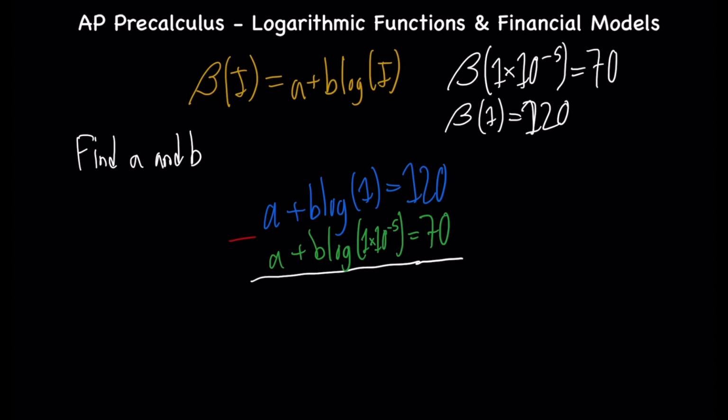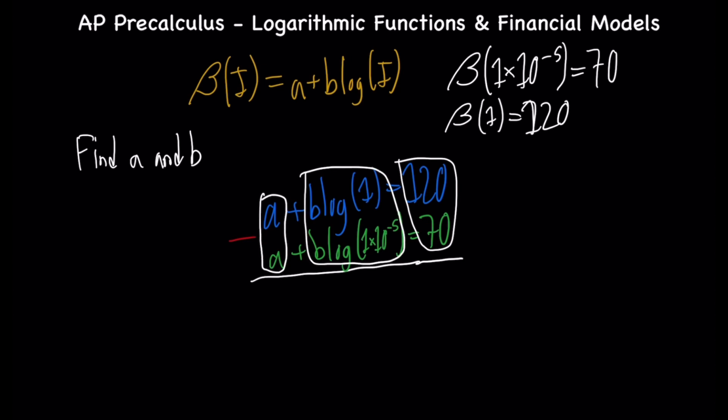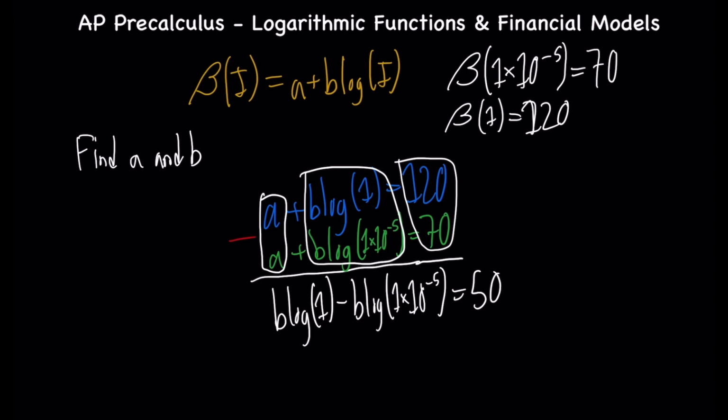120, the way I like to do this, subtract this group, and then this group. So A minus A is just 0, so the A's just cancel out. Then for B log, you're going to have B log 1 minus B log this number. And then for 120 minus 70, you're going to have just 50.